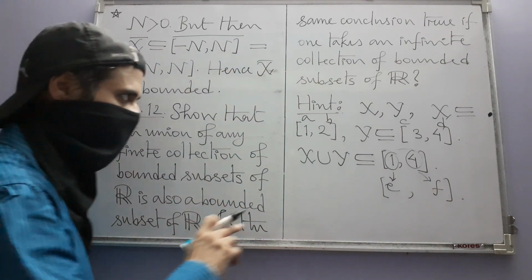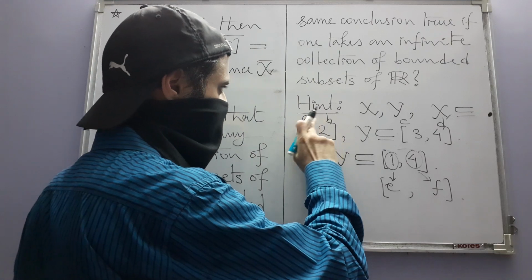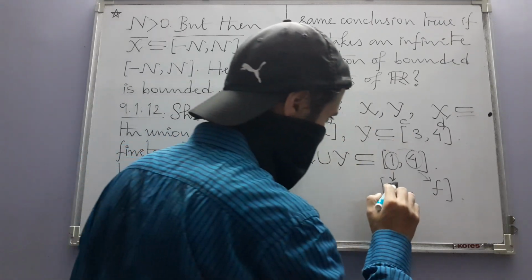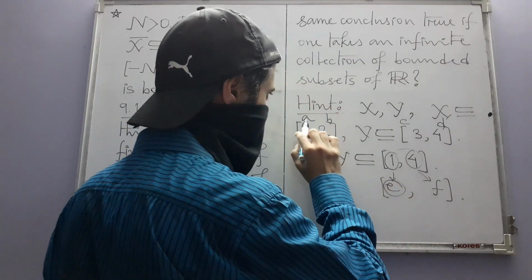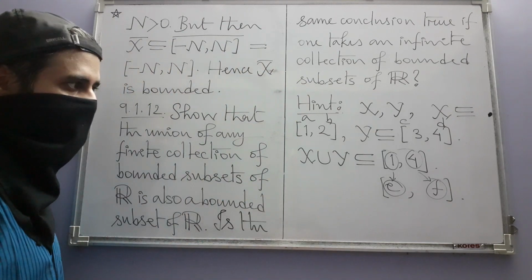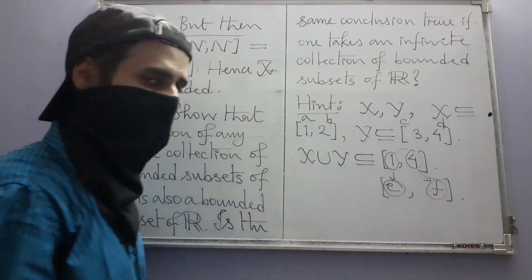And this should happen irrespective of what a, b, c and d are. So you need to figure out what E is in terms of A, B, C, D and what F is as well. So this part I leave to you.